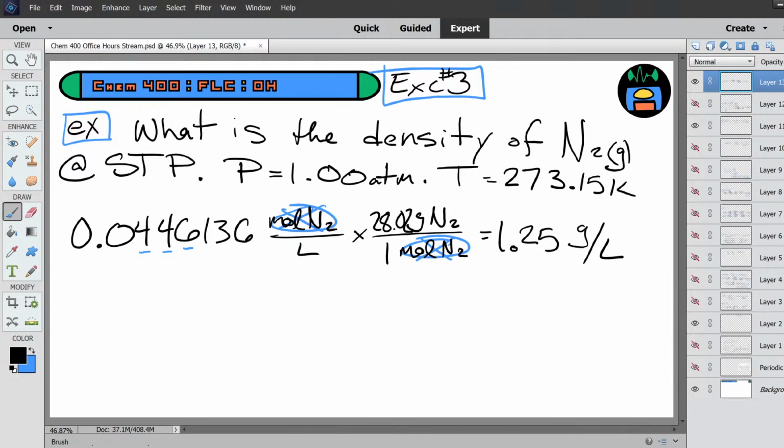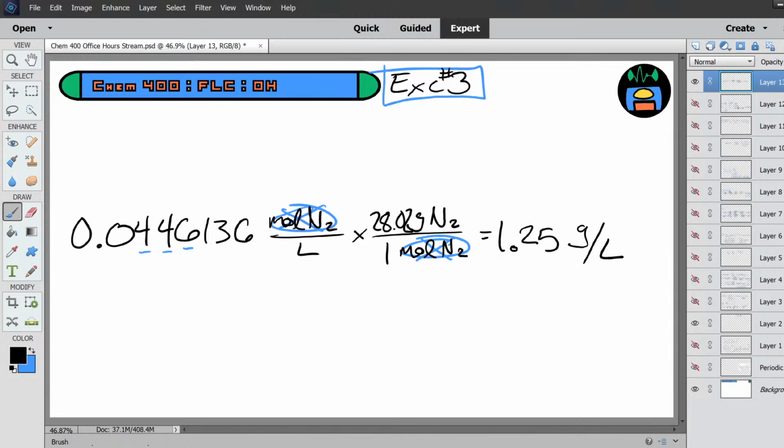Okay, Leanna, let's see. The percent yield of potassium chromate. That's the limiting reactant. Calculate the percent yield. Okay, let's see. So let's take a look.